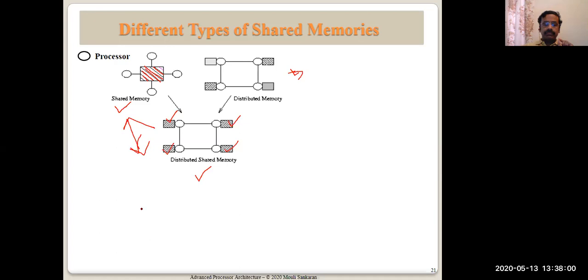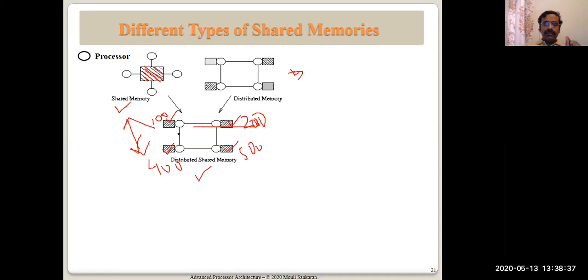That means they all belong to a single address space. What I mean by that: suppose address 100 is located here, address 500 is located here, maybe 400 is here and 200 is here. They are all physically separate memories, but their addressing is the same.